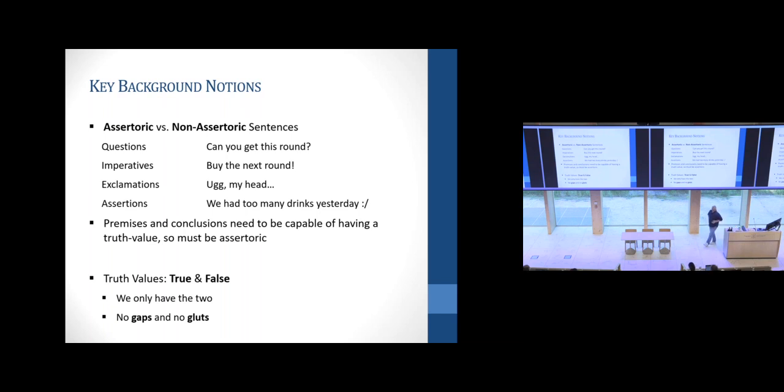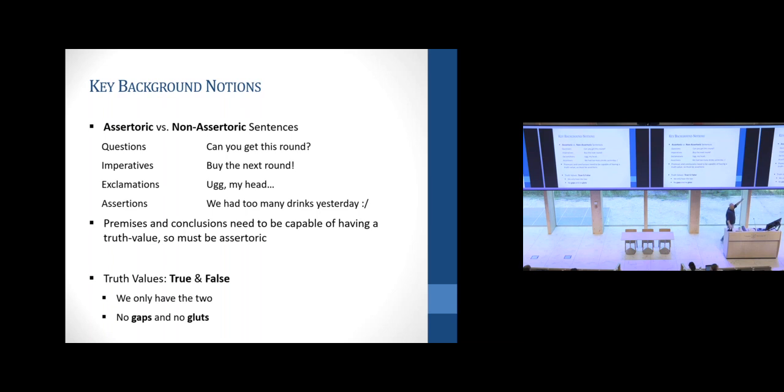And our last simplifying assumption, there's no gluts. What does this mean? Everybody know the idea of gluttony? Having too much? So, a truth value glut is where a sentence has multiple truth values. So in this case, it means that no sentence is both true and false. So again, no gluts means no sentence is both true and false at the same time in the same respect.